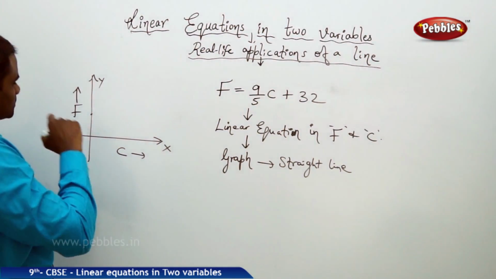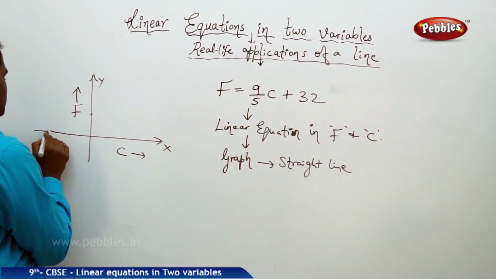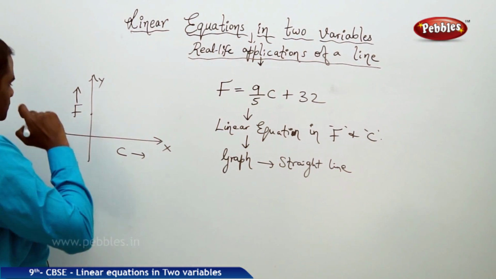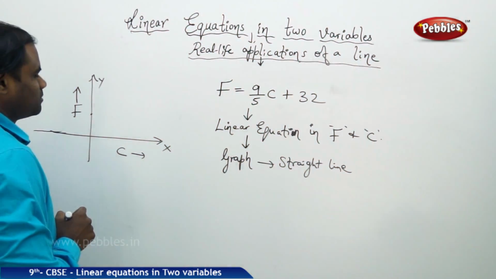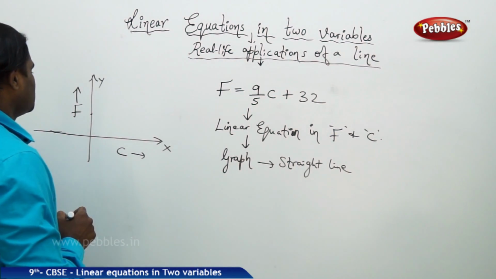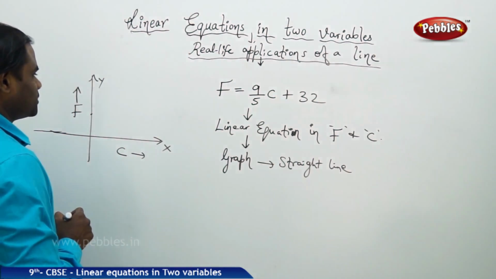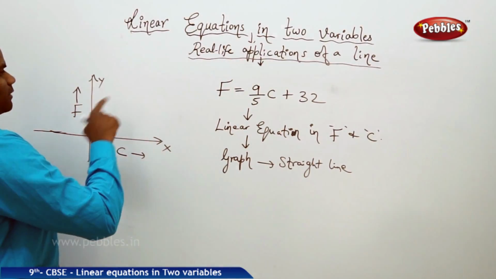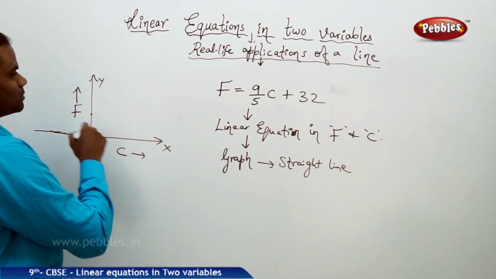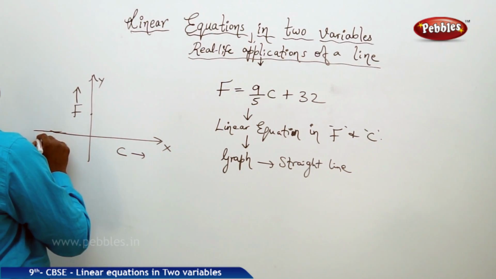my slope is positive, so it cuts the x-intercept, where x is 0 when F is 0, I get minus 32 somewhere out here.